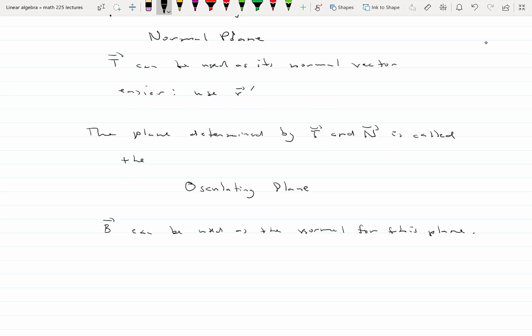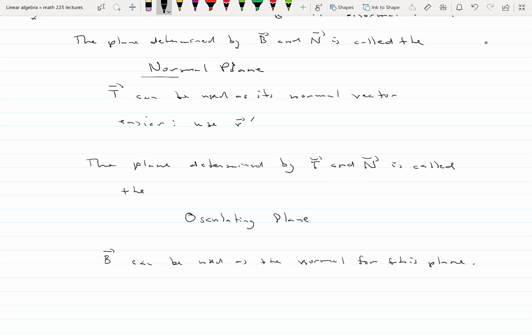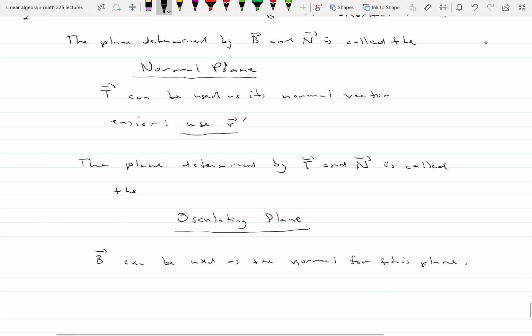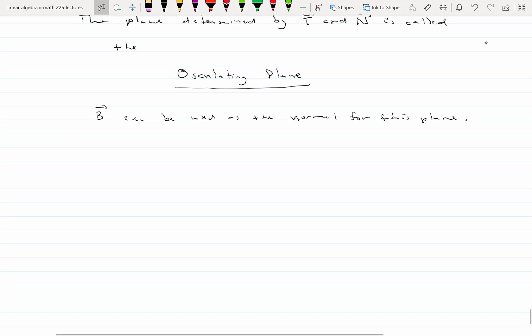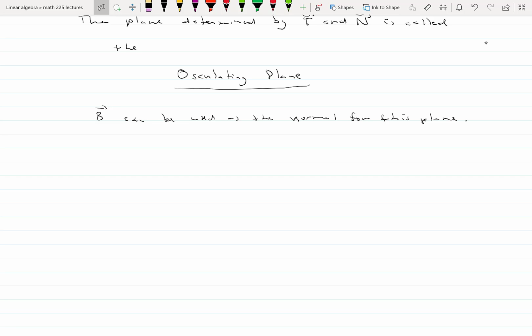Okay, so for finding the normal vector to the normal plane, use r prime. To find the normal to the osculating plane, B would work, but there's a better one. In order to get the better one, though, we kind of need a formula for these vectors.